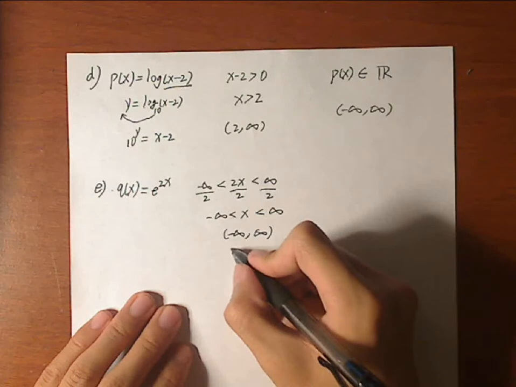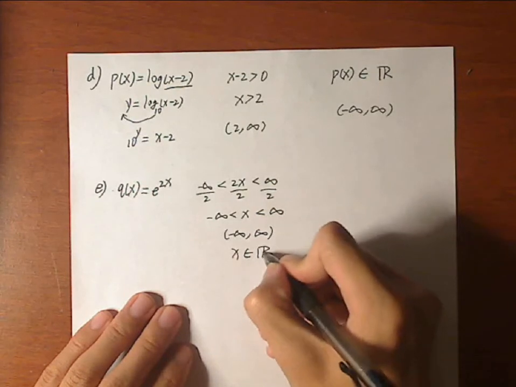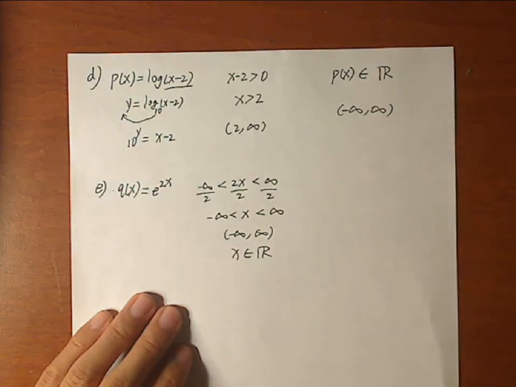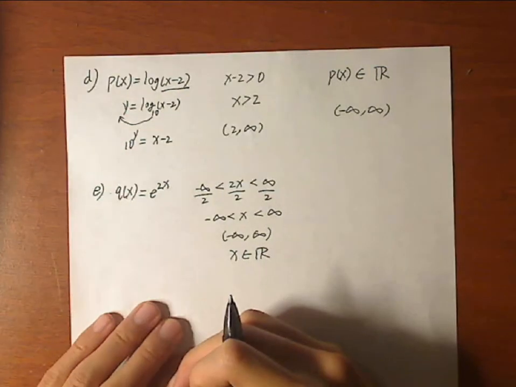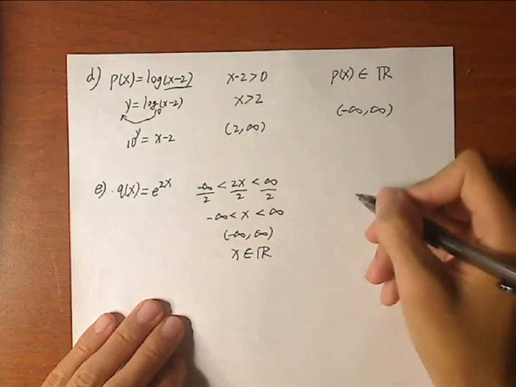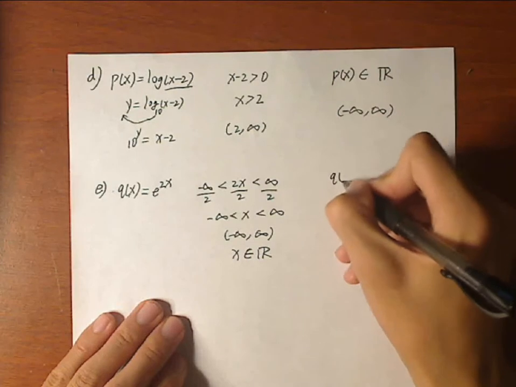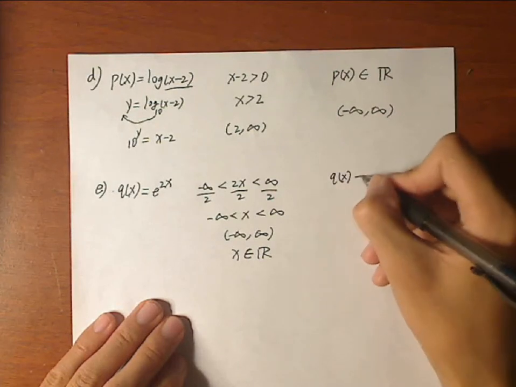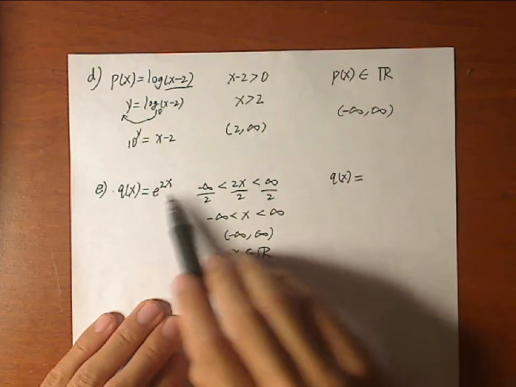Another way of writing it is all real numbers. Now, g of x is the result of the exponential form here.